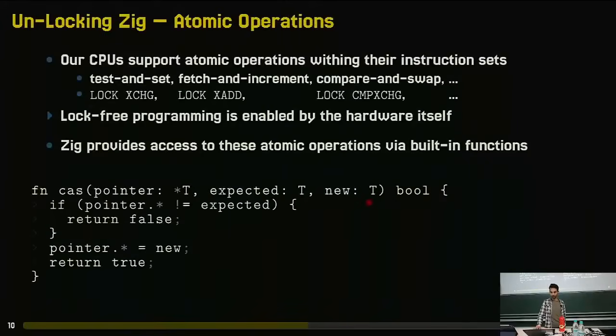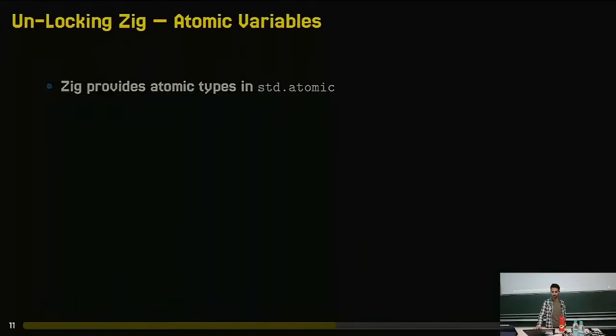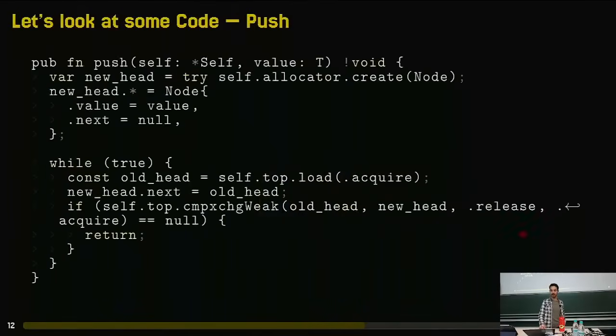And the release in the successful condition is used because we also want to signal to other threads that now we are finished. The top pointer did get updated successfully, so other threads then do have access to the most current value again, as they cannot pass this barrier upwards.